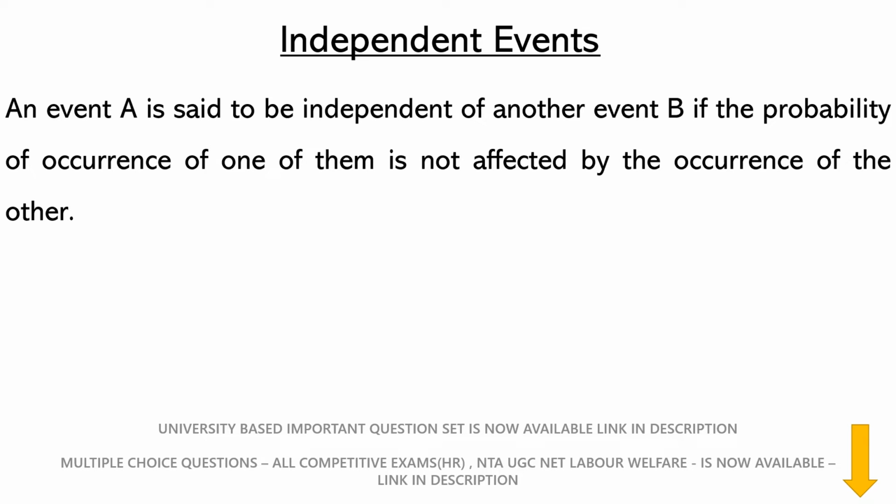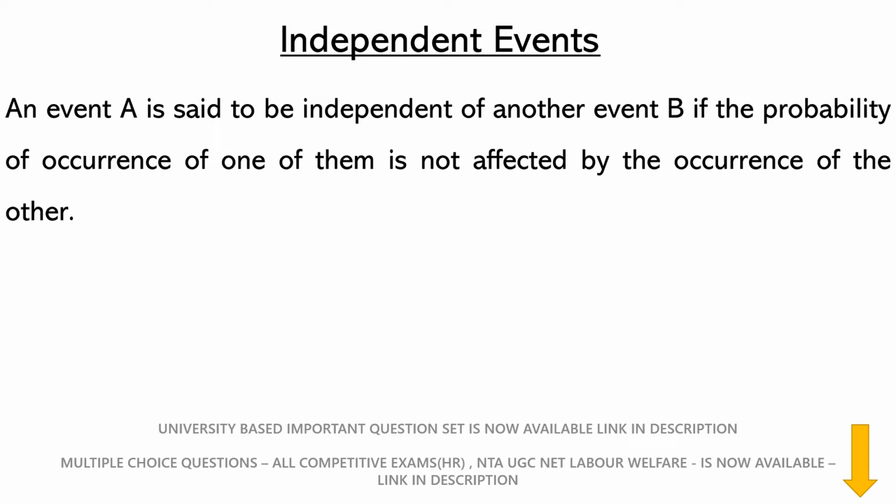Just understand that events that happen when a replacement is done are independent events, and events that occur when replacement is not done are dependent events. Let's say you are picking two cards from a pack of cards.